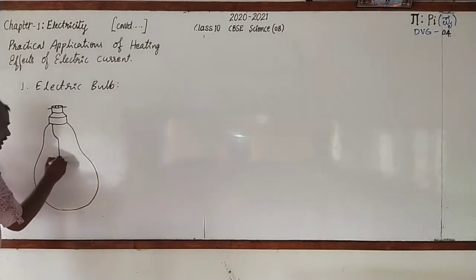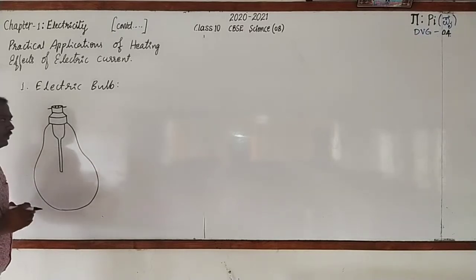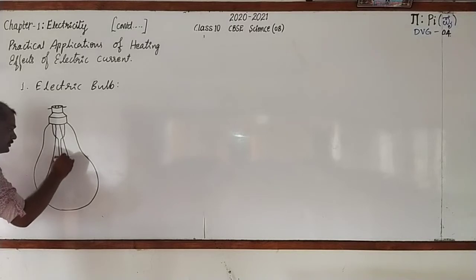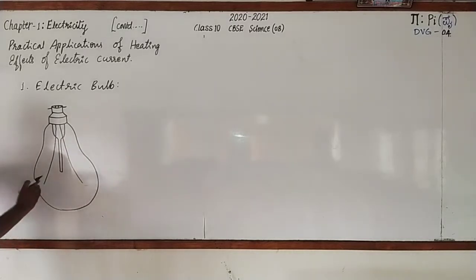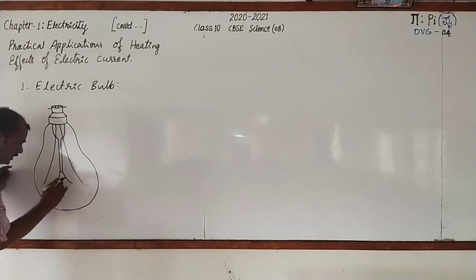Observe. Here also there will be one part, you might have observed that, which is made of glass, which is called the stud, nothing but support. For what? Here there will be 2 wires. You might have observed that these 2 wires are copper wires, and from here also 2 more wires will be there.